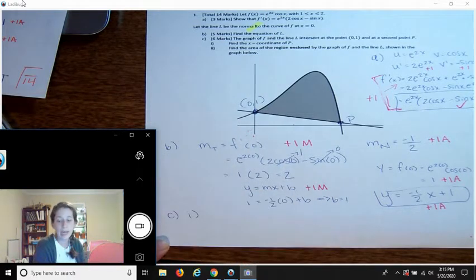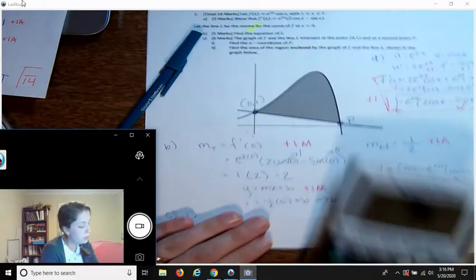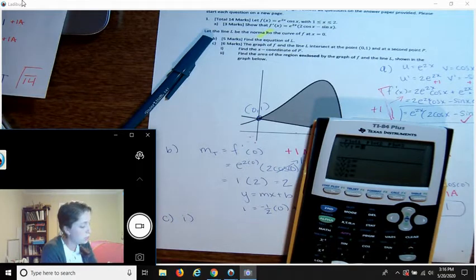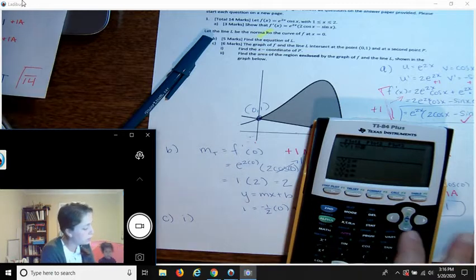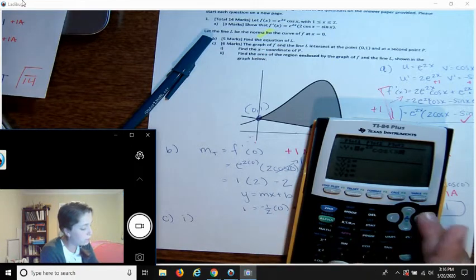So what I would do, this is calculator active, so I would just throw it in the calculator. So I know what f of x is, e to the 2x, oh, that's not right, e to the 2x times cosine x, so that's one function.